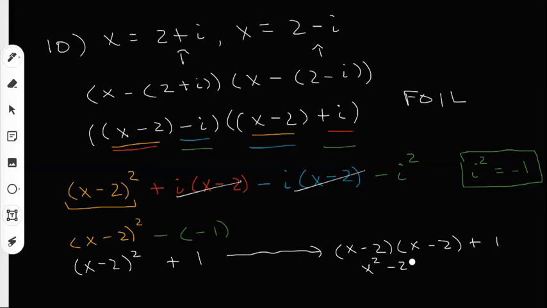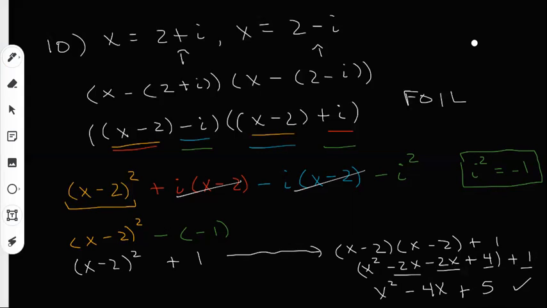When I do that, I get x squared minus 2x minus 2x plus 4, and then at the very end, I add a 1. When I combine the two middle terms, I get -4x, so I get x squared minus 4x, and then 4 plus 1 are going to combine at the end to give me plus 5, and I'm done. There's nothing more I can do.